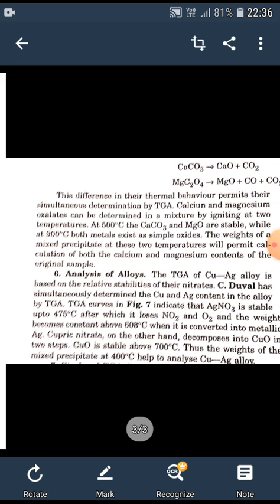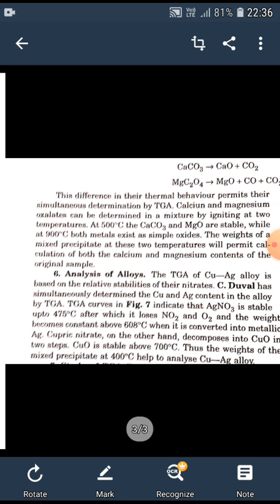Solid surfaces adsorb gases. So the gas adsorbed on the solid surface contributes to its weight. Thermogravimetric analysis can be applied to determine the gases, for example, nitrogen.